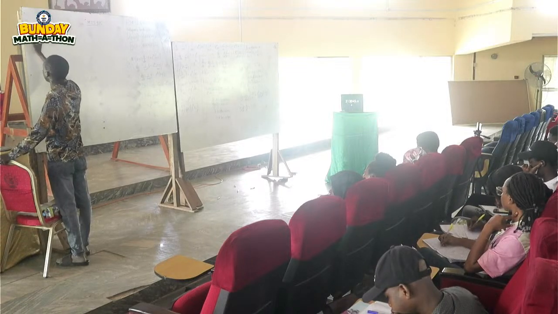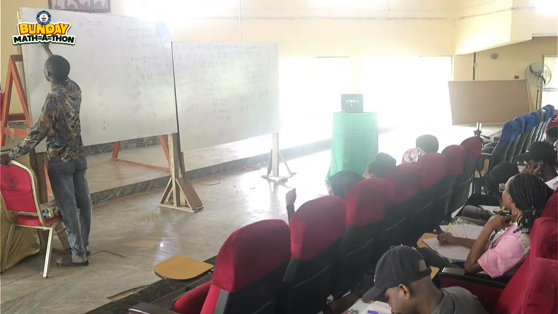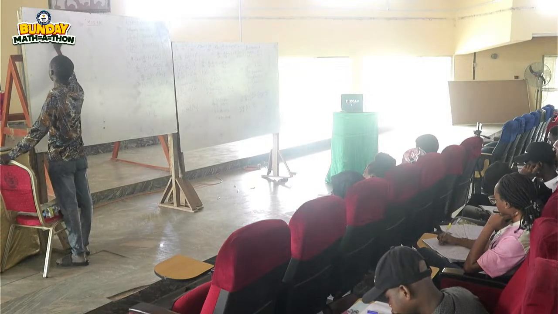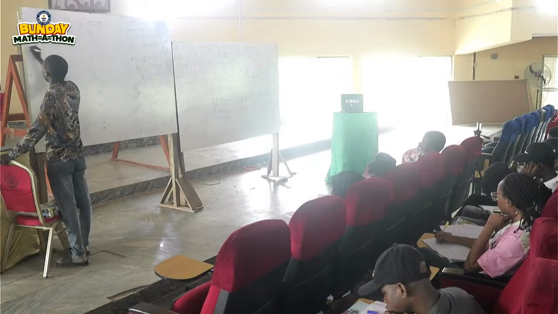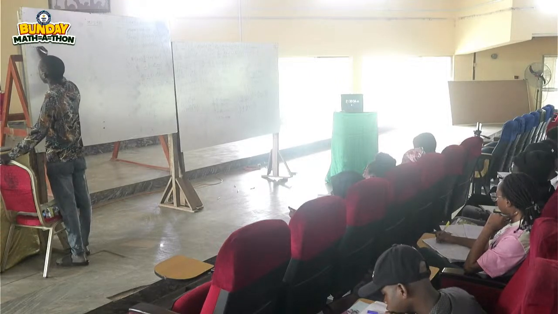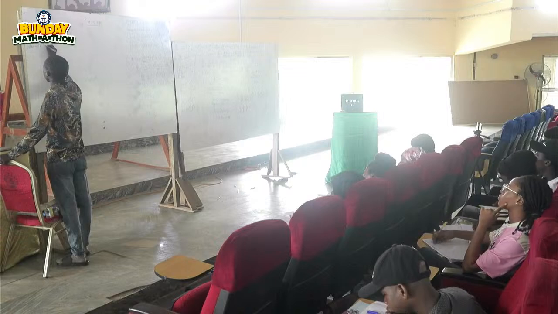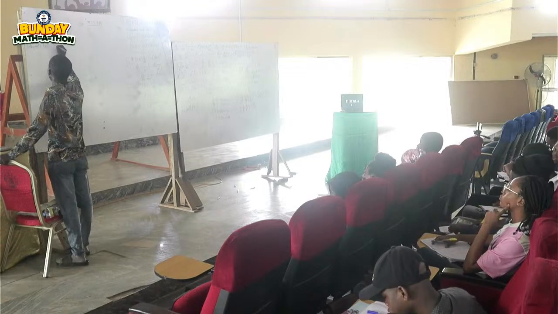So from here, multiply. I have d of y multiplied by x minus 1 over x squared equals 2x minus 1 over x, everything multiplied by dx. Then I can integrate both sides.